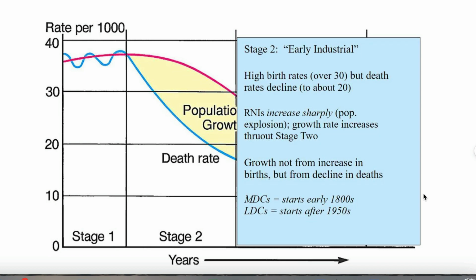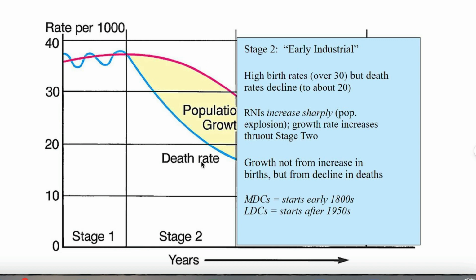So stage 2, this is going to basically look like a triangle, the most true shape of a triangle. You're going to have high birth rate and high death rate in stage 1, but then in stage 2, still high birth rate, dramatically declining, like this death rate takes a dip, and this space in between represents the natural rate of increase, the difference between all of these births, but then there's not the deaths to even it out.